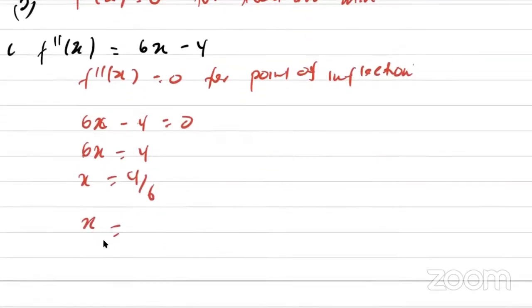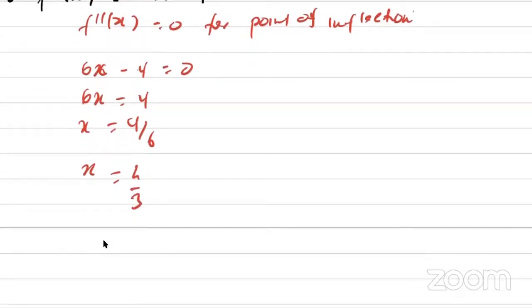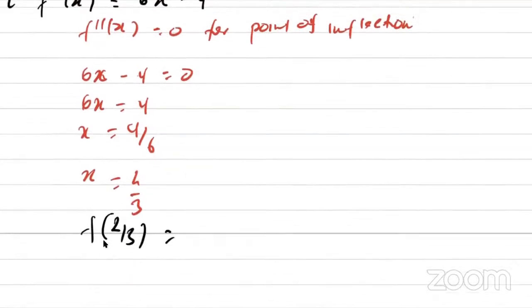Dividing 4 and 6 by 2 gives 2 and 3. So this is the x value of the point of inflection. We're going to go to the function and find f of 2 over 3.